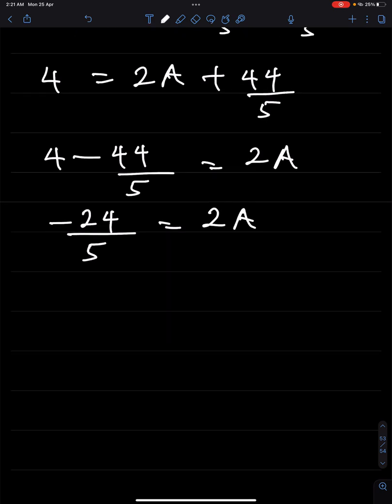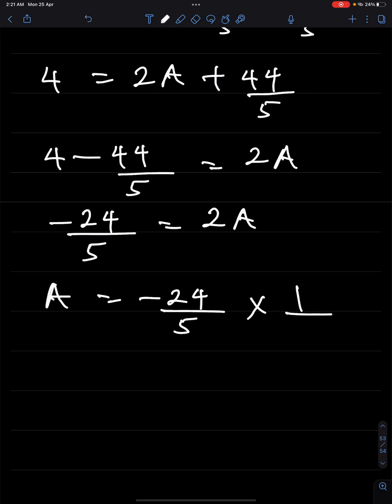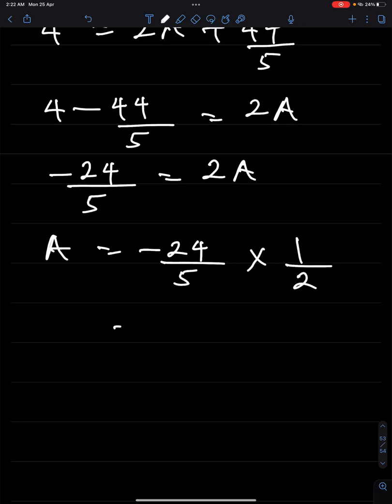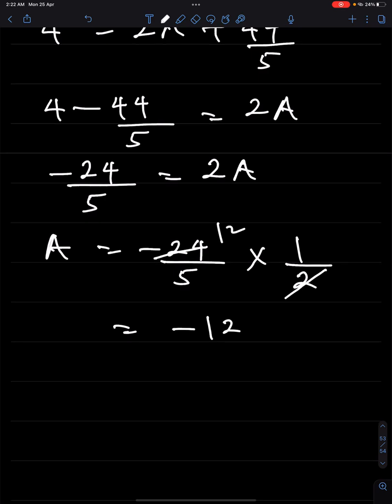So when you divide both sides by 2, a will be equal to minus 24 over 5 divided by 2, which means times 1 over 2, and that's minus 12. Of course, 12, 2 here, 1, 2 here, minus 12 over 5.